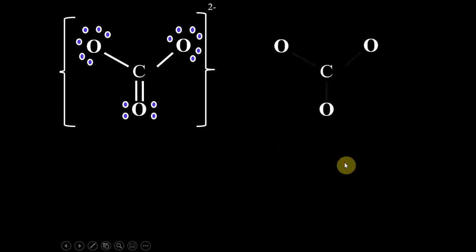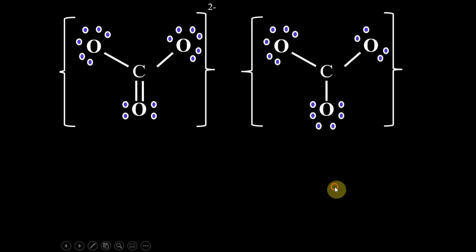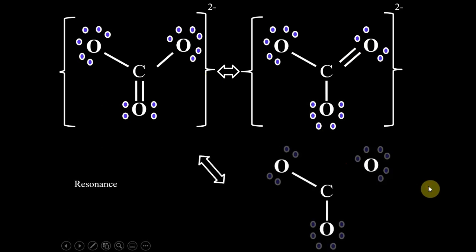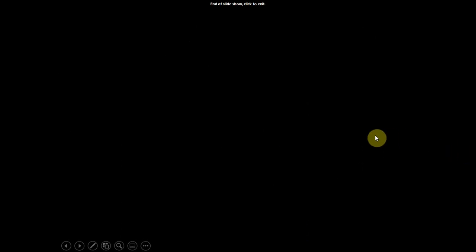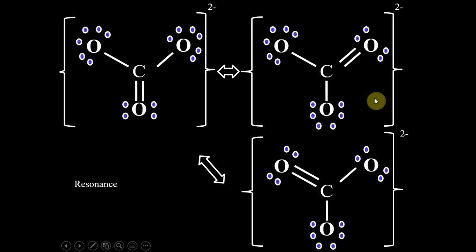And so what we get is a situation here where we've got a second structure that looks like this. And it flips back and forth between these two. Actually, we've got a third structure that looks like this, and these three flip back and forth from each other. And so we get what we call a resonance structure.